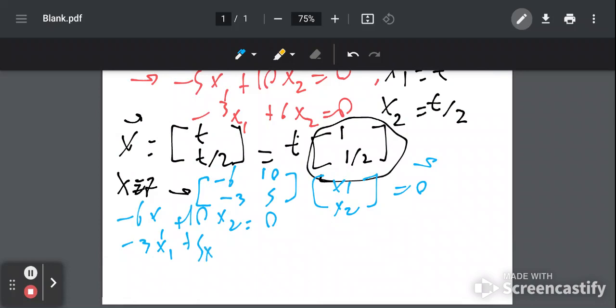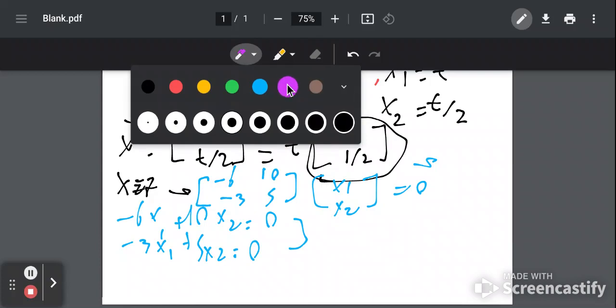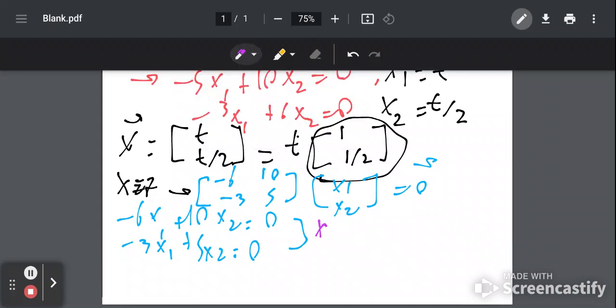This, similar to the last one, has infinitely many solutions, but we can create a parameter for it. We can let x1 be t, and therefore, solving for x2, we see that it is 3 over 5 times t. This is a general solution. We can check it: negative 6t plus 10 times 3/5 t, which is 6t, becomes 0.